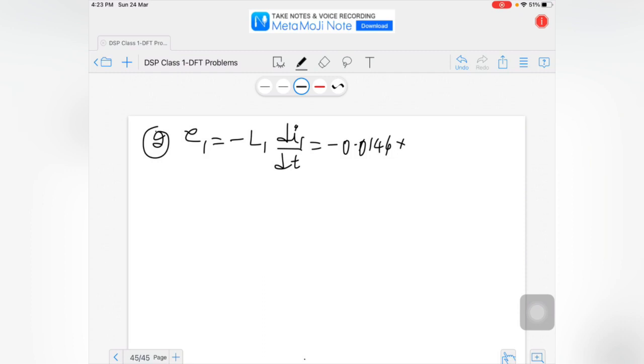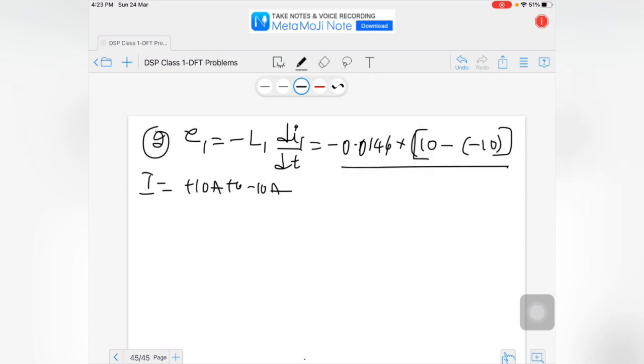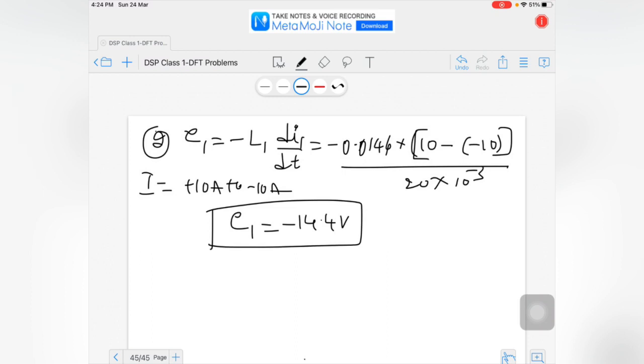The current changes from plus 10 amps to minus 10 amps in 20 milliseconds. So E1 is equal to minus 14.4 volts.